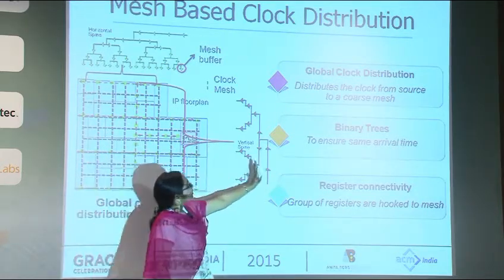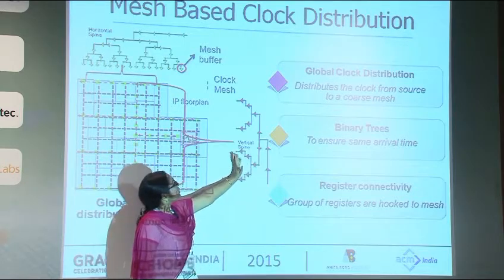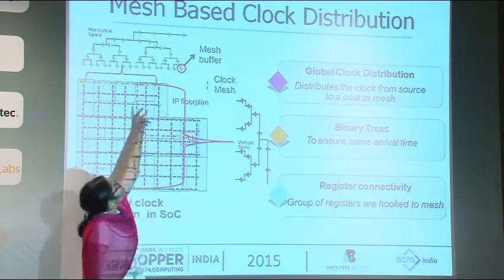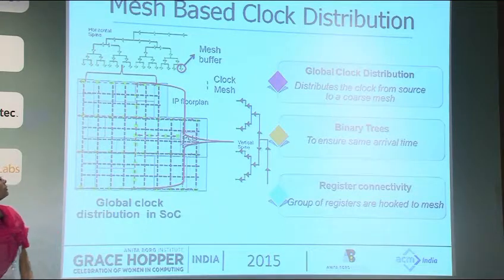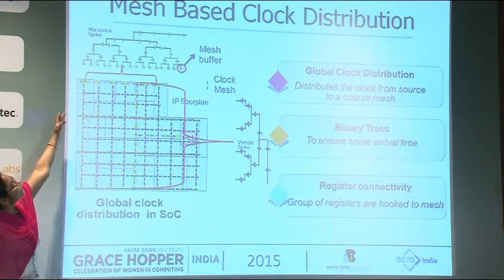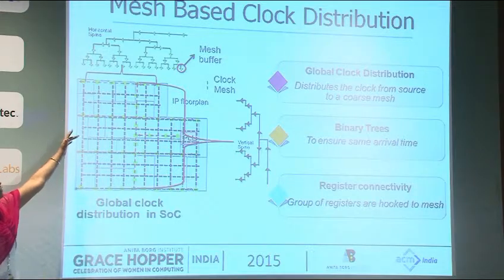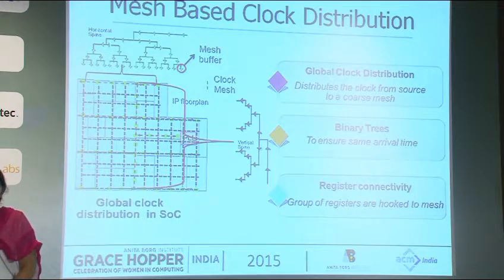Generally this is level 1 of the spine, level 2, level 3, and the final stage of the spine is the buffers which drive the mesh of the SOC. Since the mesh has more cap, these buffers are specially designed. We will see more on mesh buffers in coming slides.